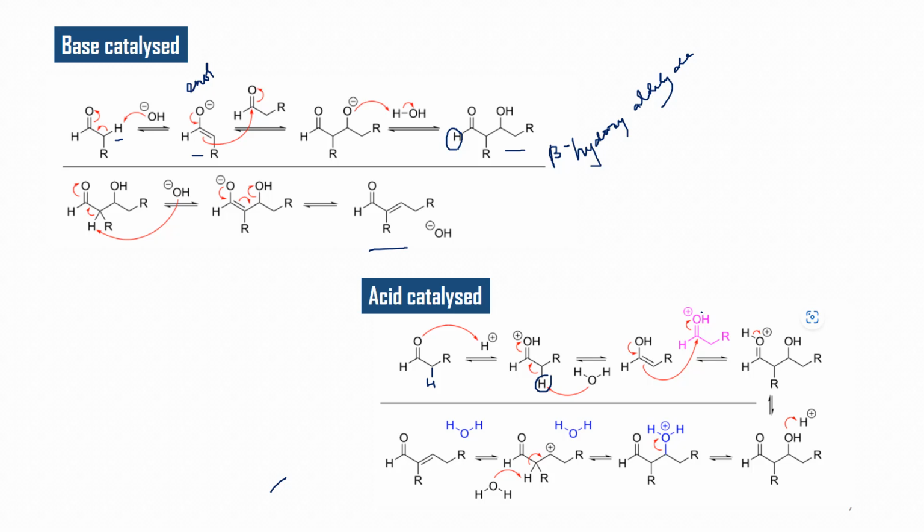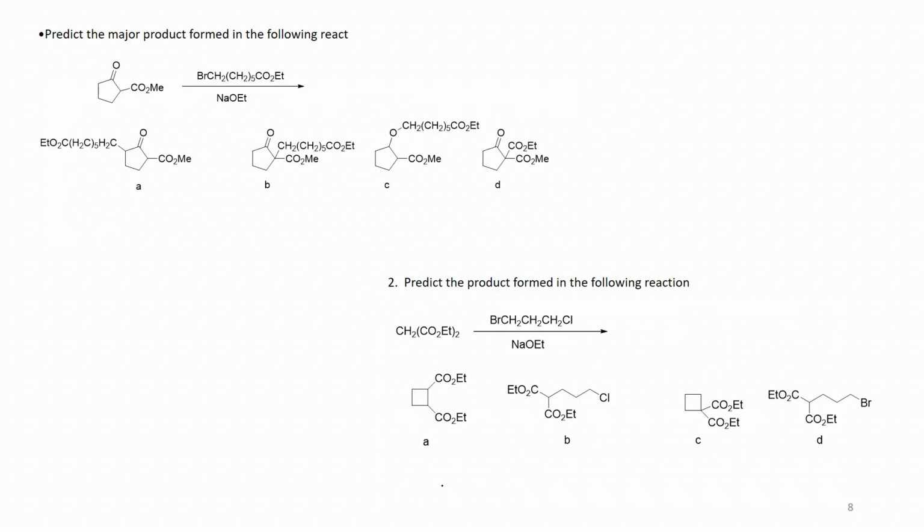Again, due to addition of another aldehyde, this enolate carbon will attack this other aldehyde carbon and form this type of beta hydroxy aldehyde, and through proton abstraction it will form this type of conjugated enone.